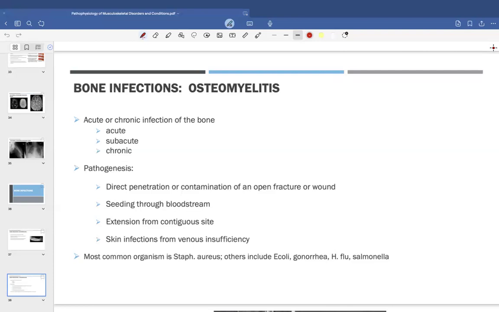And then you can also have, I wouldn't say skin infections as much as colonization, like diabetics or people with venous insufficiency who have these chronic ulcers. They're colonized with bacteria that can actually now track to the bone. They may not have an active cellulitis, but the bacteria can get into the bone and then cause infection.